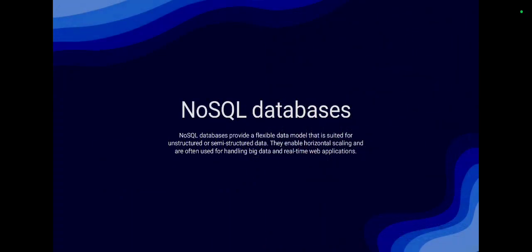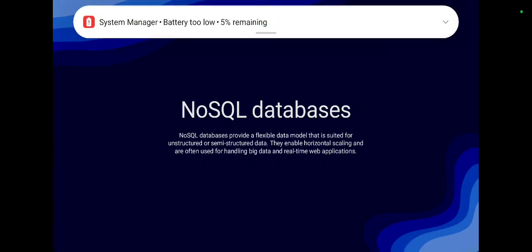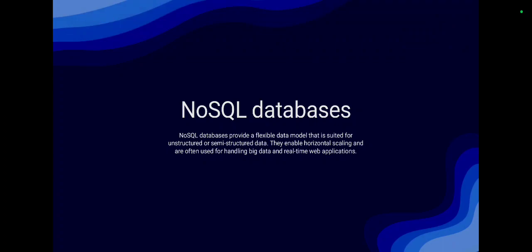As we speak about SQL database management systems, there are also NoSQL databases. They are designed for handling unstructured or semi-structured data. NoSQL databases can provide flexibility and also scalability.